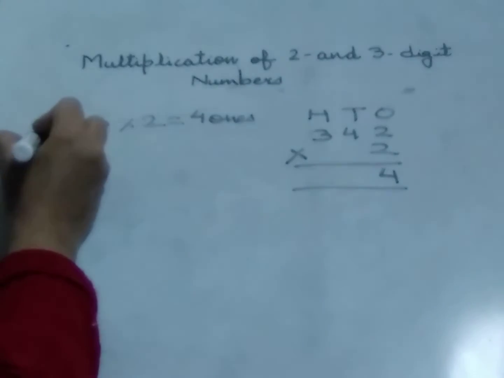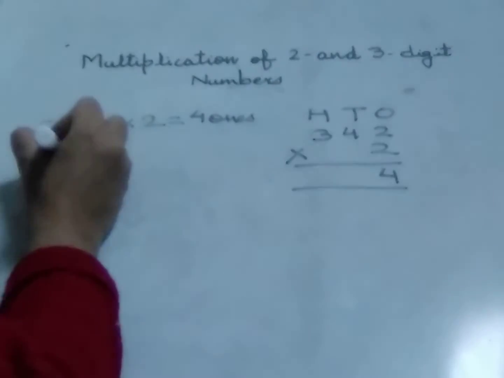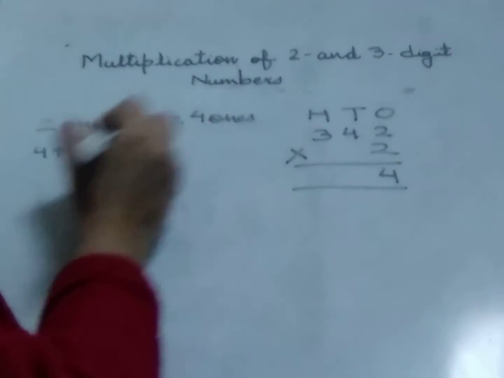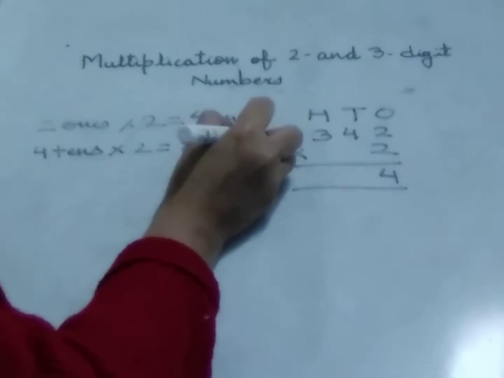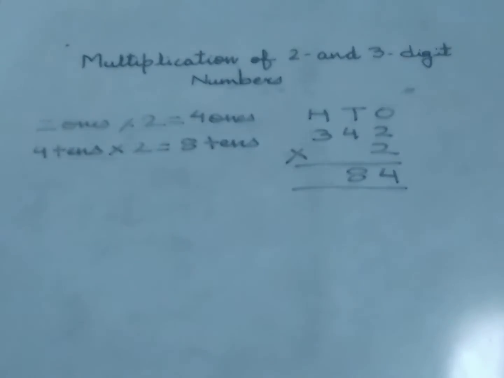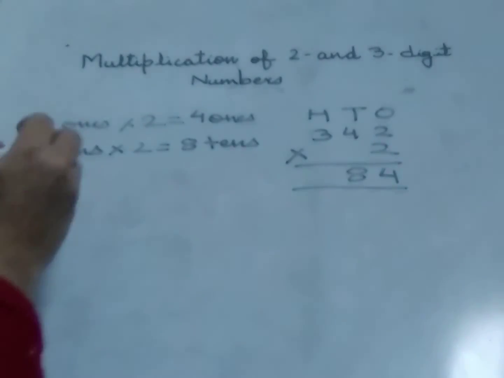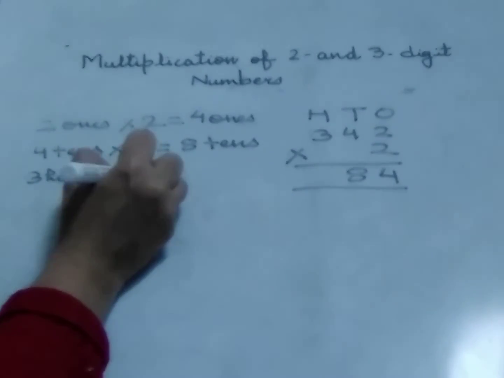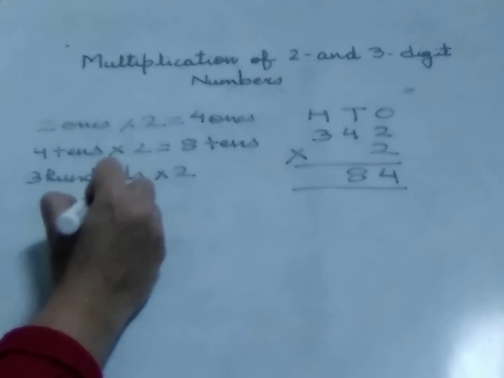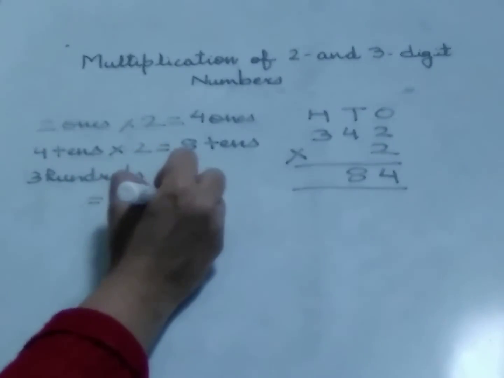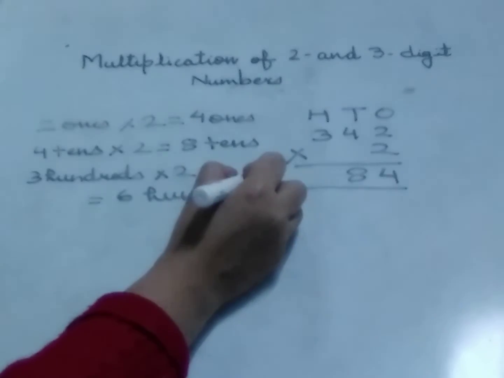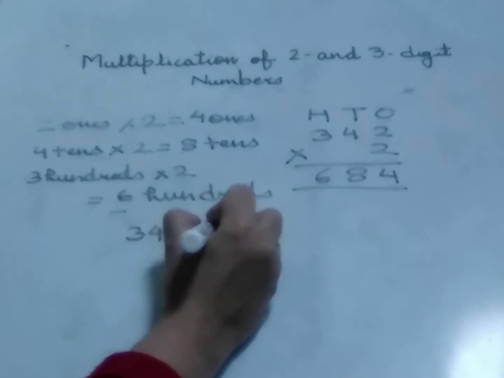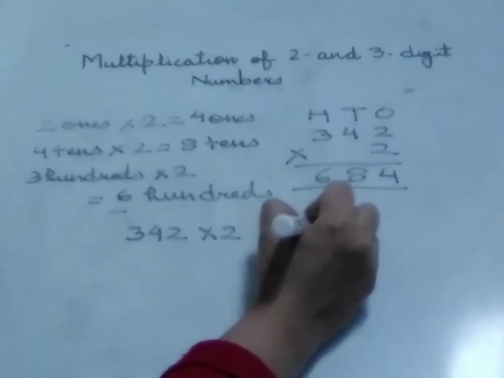Now multiply the tens next, which is 4 tens multiplied by 2 gives 4 twos are 8, 8 tens. So write 8 in the tens place. And next is 3 hundreds multiplied by 2 is equal to 3 twos are 6, 6 hundreds. So write this 6 in the hundreds place. So 342 multiplied by 2 is equal to 684.